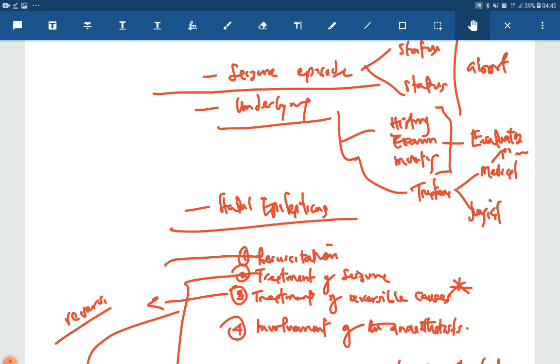But the most important thing is to treat the acute presentation, which is the seizure episode. And this is the algorithm by which you go about treating the seizure episode before you now go on to properly evaluate the primary cause of the seizure. So this is what we have for now.